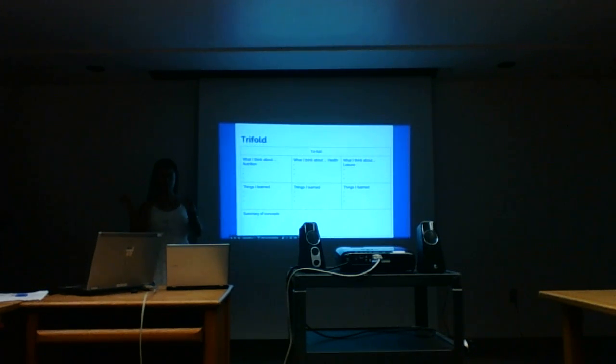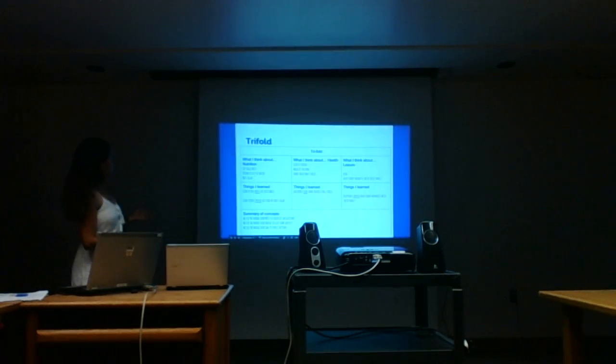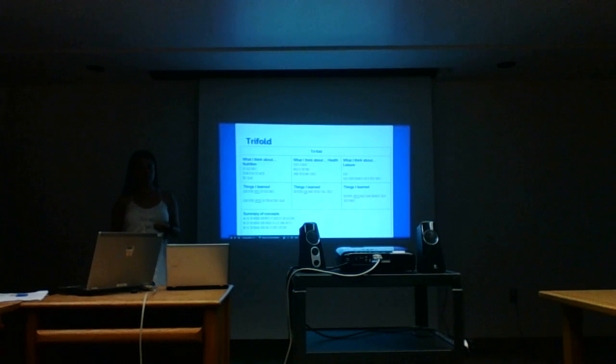It's just ideas. In the second one, the things I learned, because we just explained how you are going to use must, should, and can, students can put those modal verbs into little sentences, and finally in the summary of concepts, they can explain how these modal verbs are used.